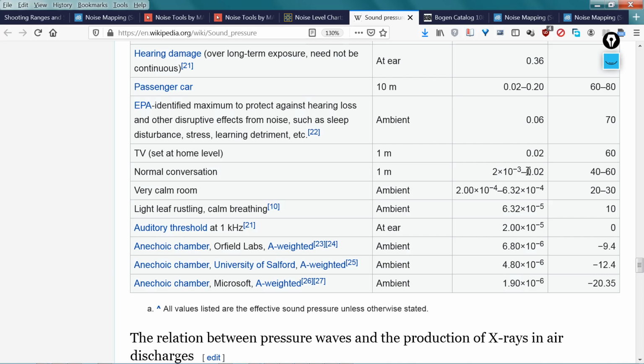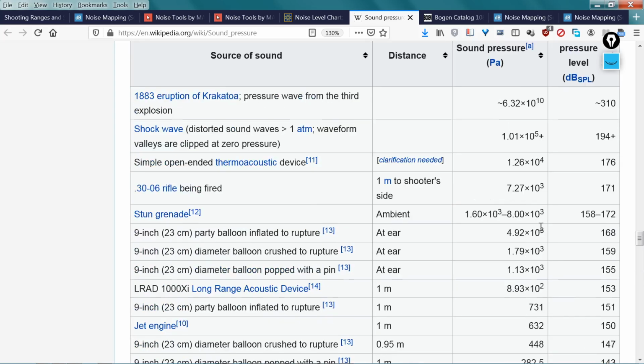So you can see that's a huge range of difference, and that's not even the entire thing. The absolute minimum sound that a good, healthy person can hear is 2 by 10 to the minus 5, so compared to normal conversation, that's 100 times softer. So you can see from there all the way up to the 30-06 rifle, a lot of change.